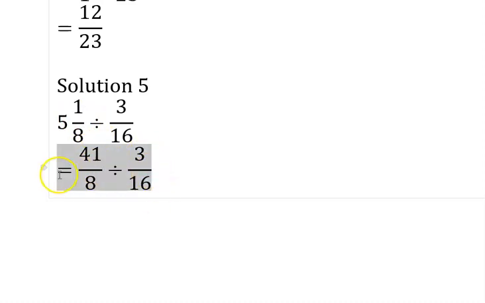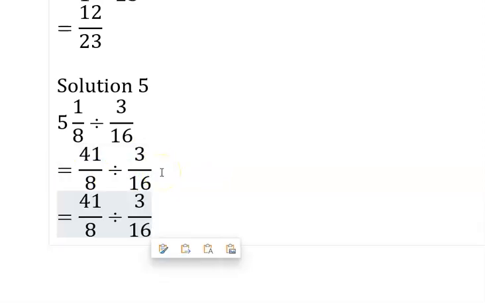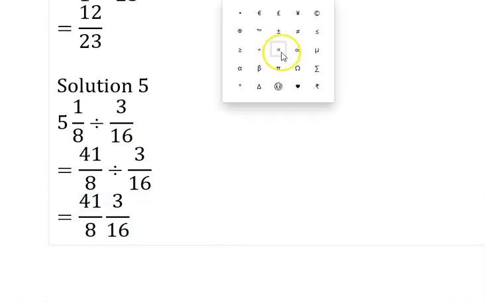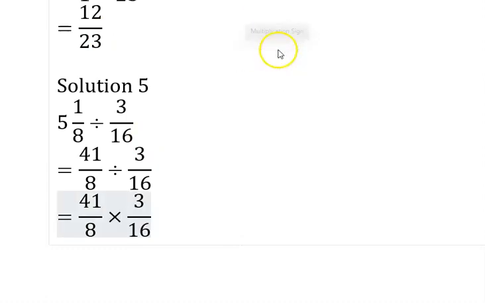Great. So the next thing is for us to change our division to multiplication. Don't forget, the moment we change our division to multiplication, we are going to swap what we have here. That means 16 will come up and 3 will go down. Great.